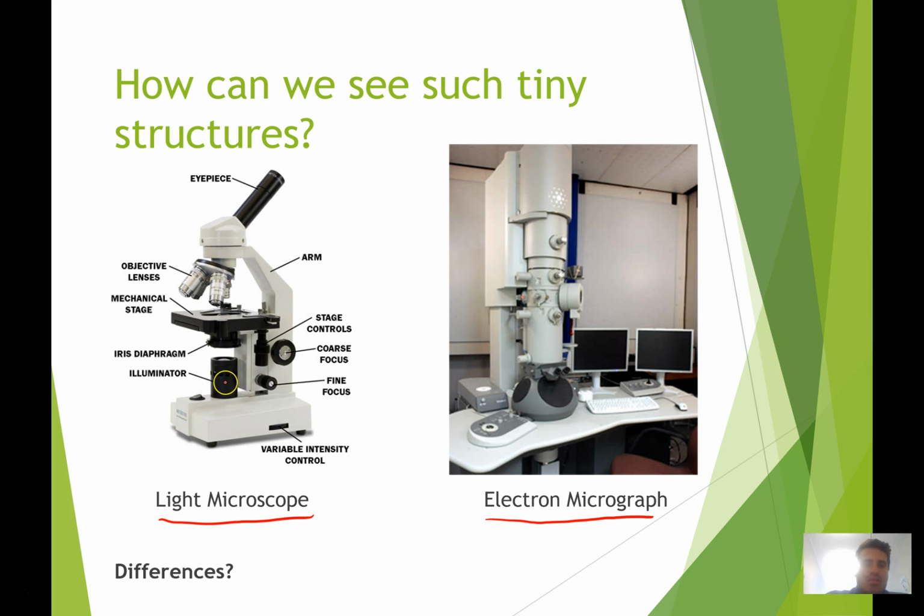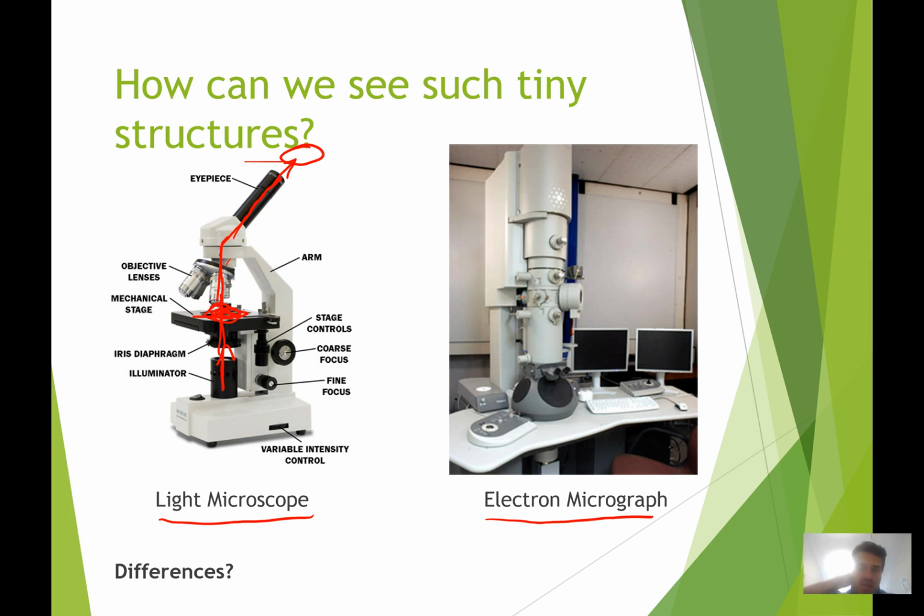You have an illuminator which shoots light up through the stage, and you'll have a cover slide on the stage with whatever you're interested in, and that light goes through that cover slide, through a series of lenses which magnify the image, and then into your eye.